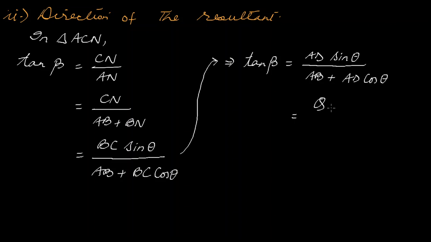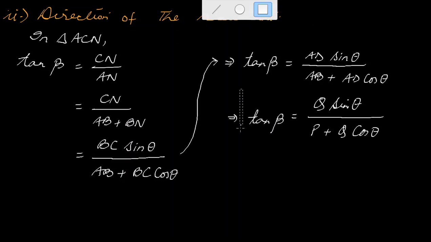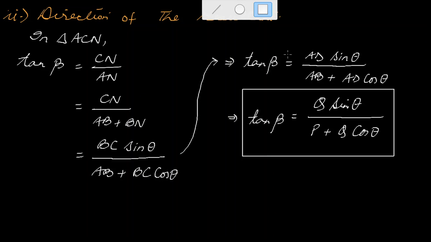So that will be Q sine theta by P plus Q cos theta. So tan beta equals Q sine theta by P plus Q cos theta. This gives the direction of the resultant, and if you check, it is exactly the same as in the triangle law of addition. All right, so this is also important from the exam point of view.